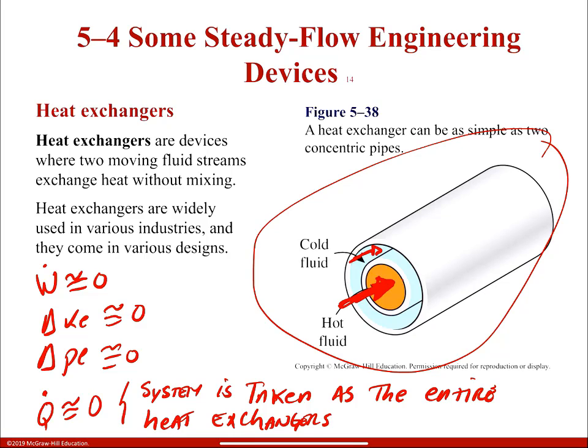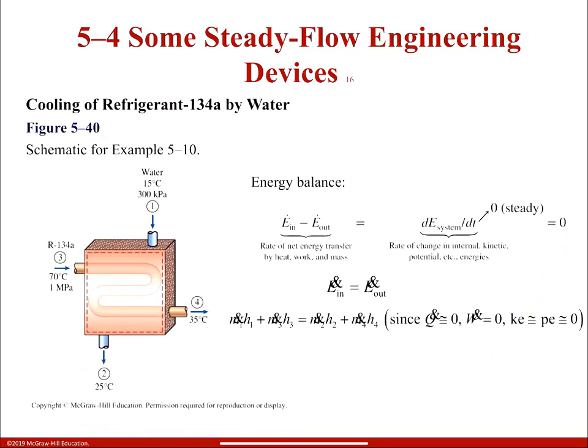Okay, sorry, I was just typing. So Q will be equal to 0 when the system is taken as the entire heat exchanger. When you take the whole heat exchanger, then Q will be equal to 0. How so? We'll take a look at this. This guy right here is pretty much my heat exchanger. You have water coming in right here and water coming out right here, 25 Celsius, right here is 15 Celsius, 300 kPa.